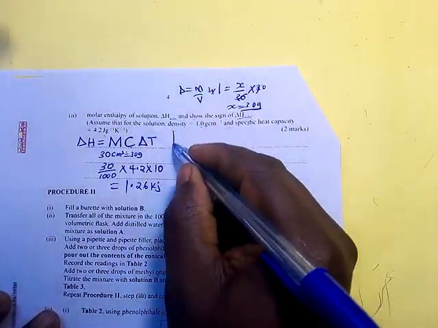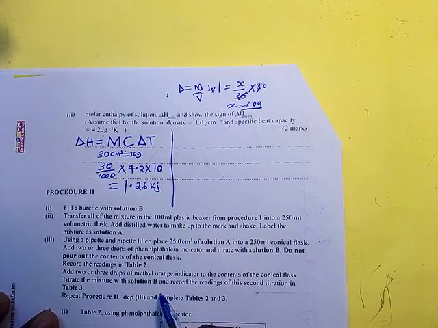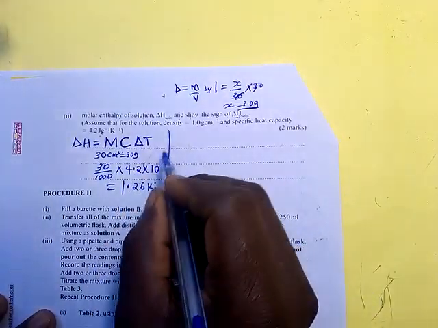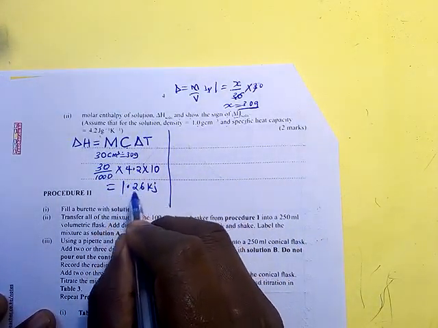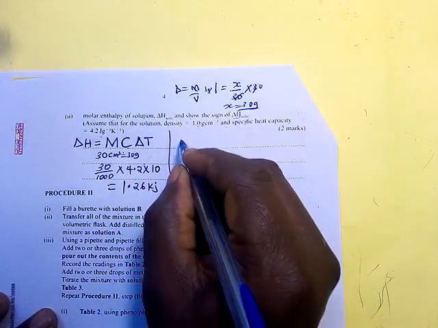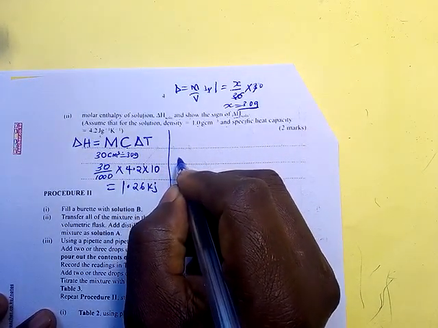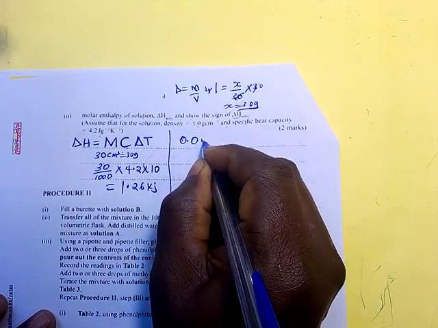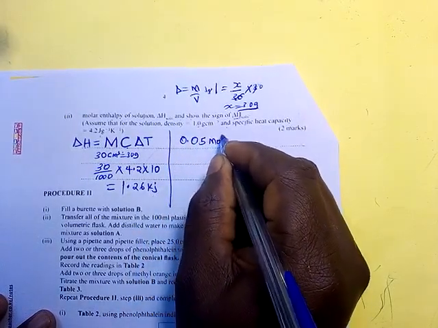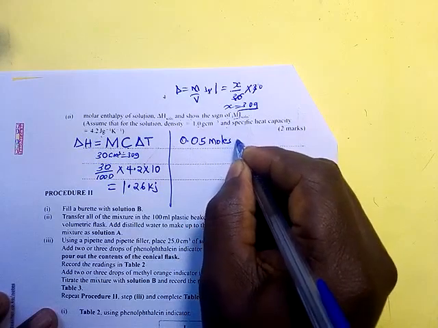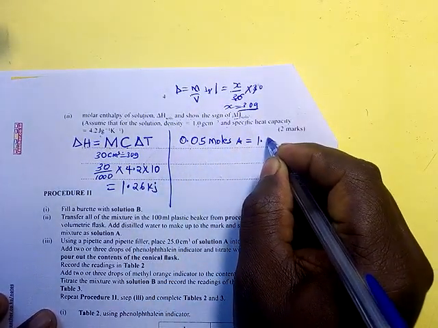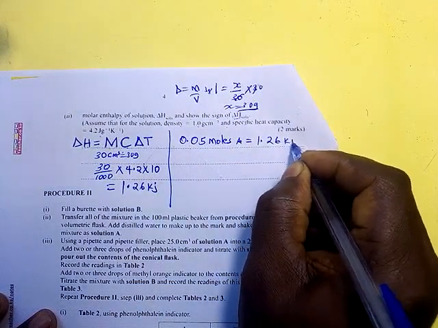Right? Now the next one, now we want to calculate the molar heat of solution. So how do we know that this is the heat that was produced by 0.05 moles of the solid A? So we say that 0.05 moles of solid A was able to produce 1.26 kilojoules.